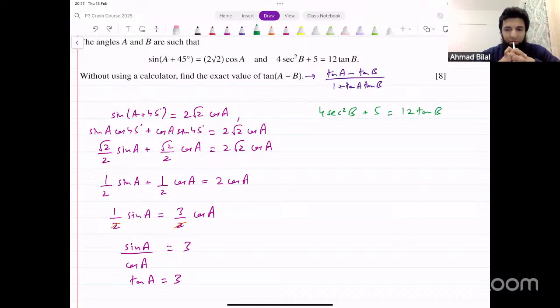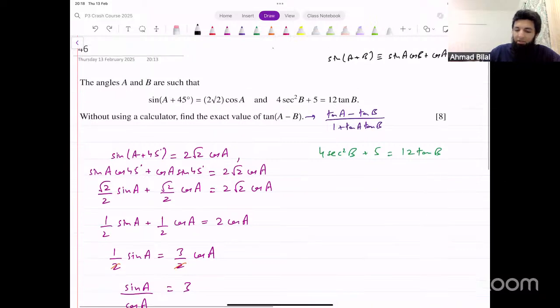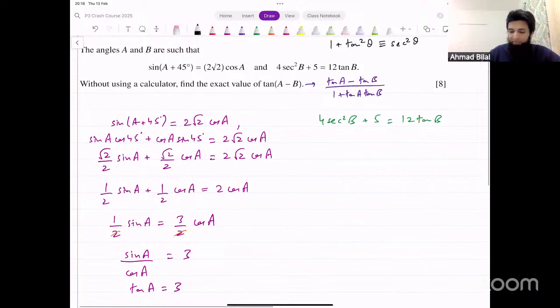Secant is the reciprocal of cos, 1 over cos, but is that going to help if we write this as 1 over cos squared? Maybe not. Is there any identity that we can use here? Look at the formula sheet. You have this identity: 1 plus tan squared theta is secant squared theta. So you can convert secant squared to tan squared, yes.